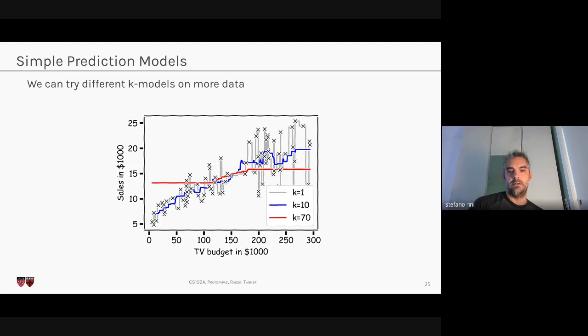And then you can try to reason over these curves that you obtain, because again, you have the availability of having multiple predictors. Remember that your job is to predict the sales based on the budget.